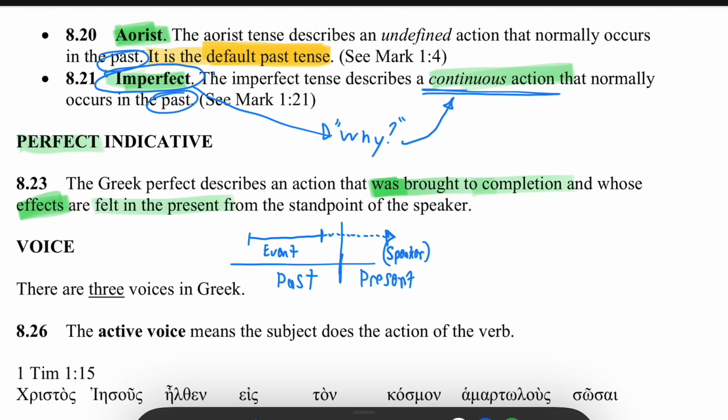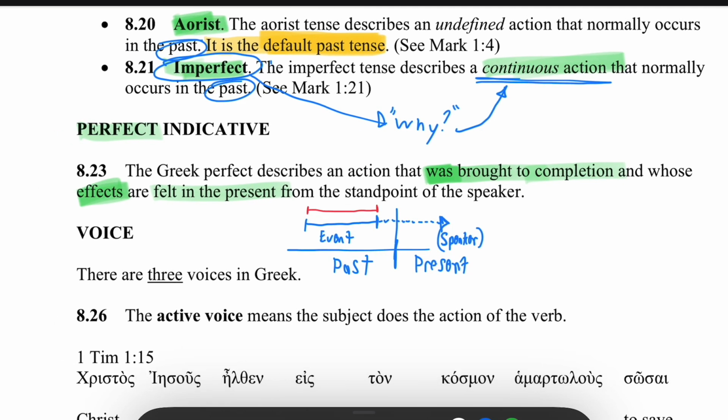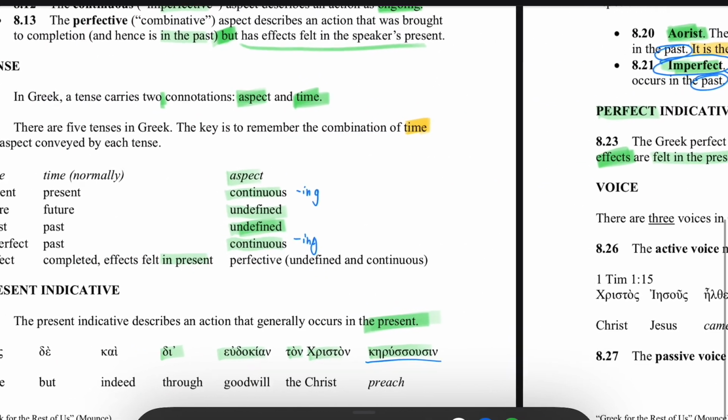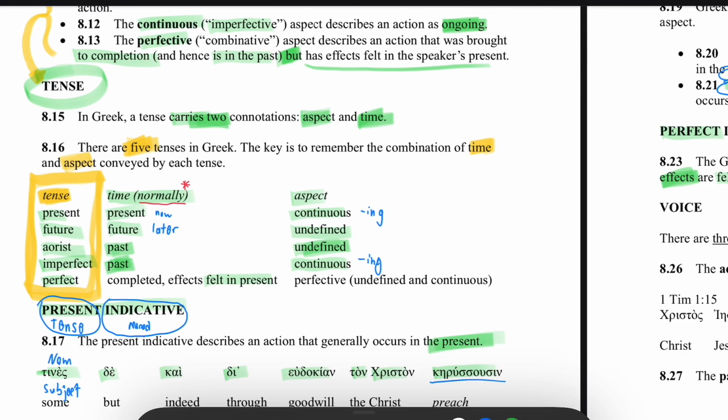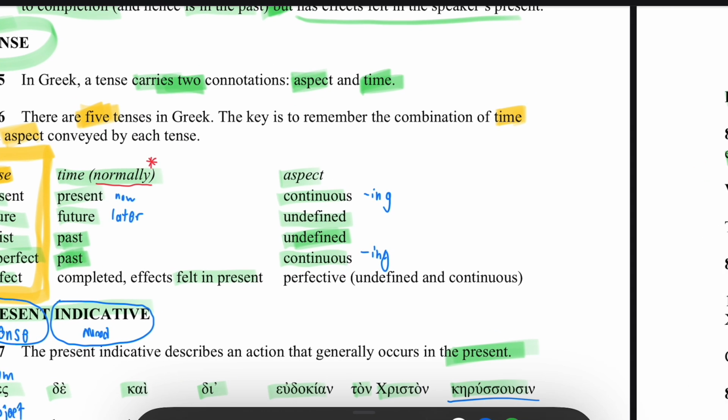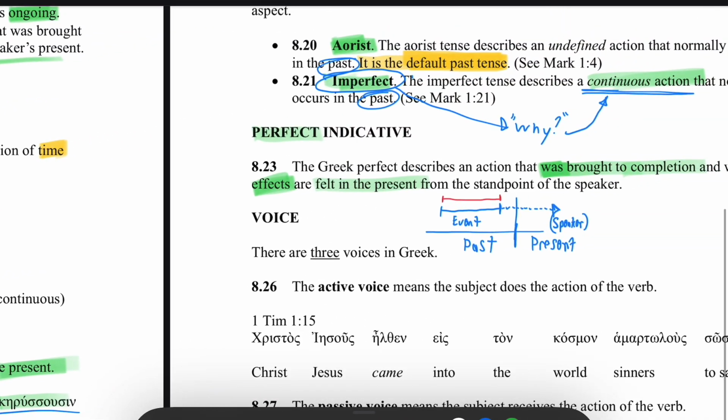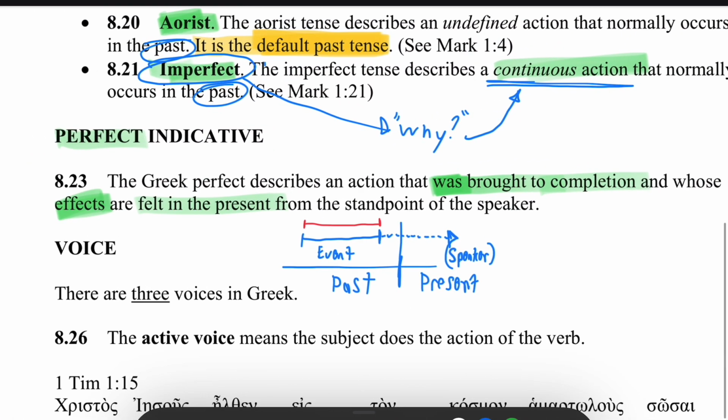And again, I drew this as a kind of extended period here, which implies that it was continuous, but it's actually, because the aspect is perfective, it's undefined and continuous. So we don't actually know, is it continuous or is it momentary, because it's not always defined. So that's the perfect indicative.